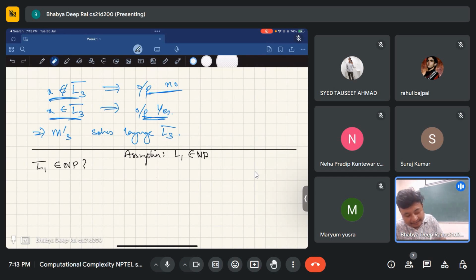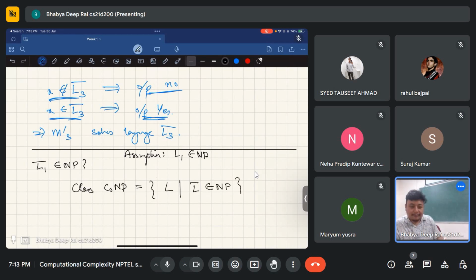It is to define this class called co-NP. You may have seen it in the week 2 lectures. It is the set of languages, note that this is not a language, co-NP is a class of languages. It contains all those languages such that their complement is in NP.